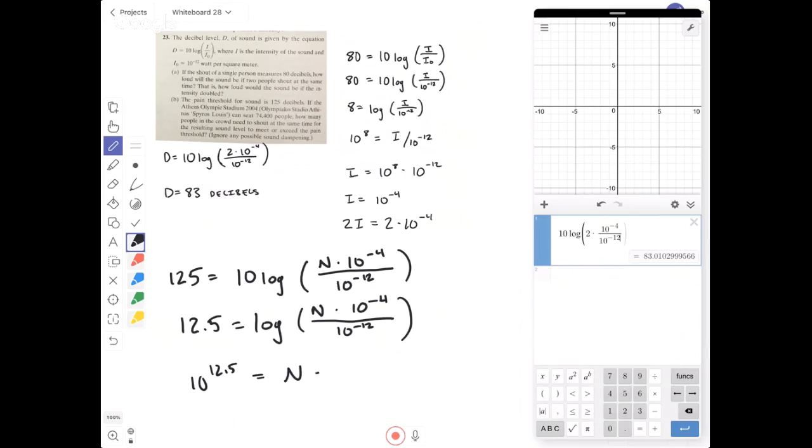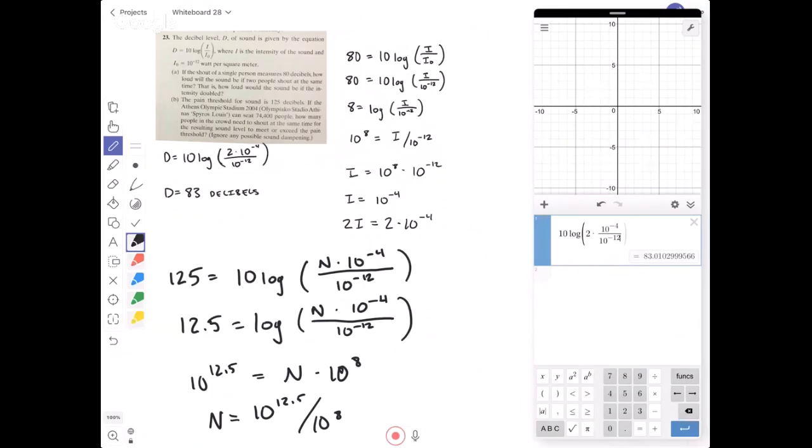When you divide, you subtract the exponents, so negative 4 minus negative 12, it's going to be 10 to the 8th, because negative 4 plus 12 is 8. So N equals 10 to the 12.5 over 10 to the 8th.